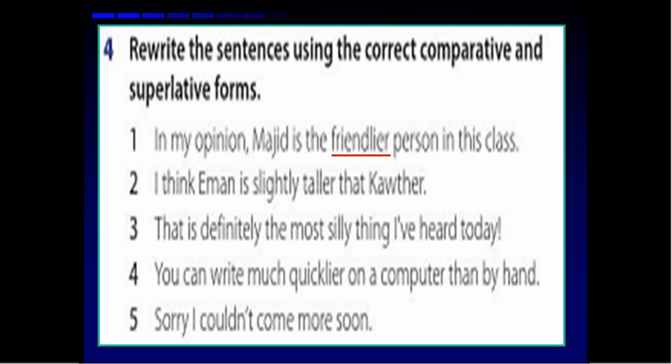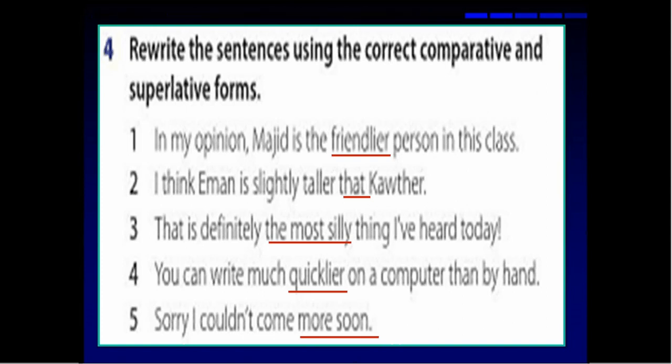Yes. Number 2, we have that. Number 3, we have the most silly. A mistake here. Number 4, quicklier. Number 5, more soon. But sir, what about our correction here?